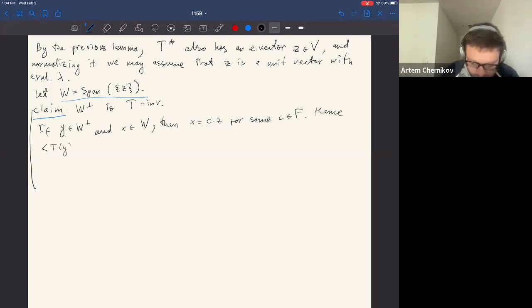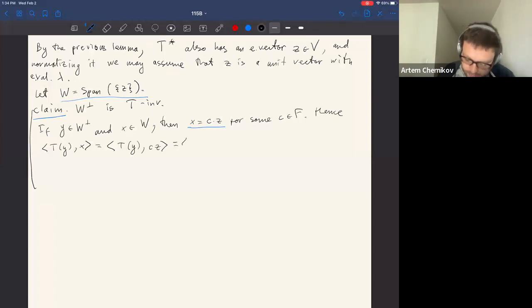So we look at T of Y inner product with X. What we're going to get is T of Y inner product with C times Z, because that's the expression for X that we have.